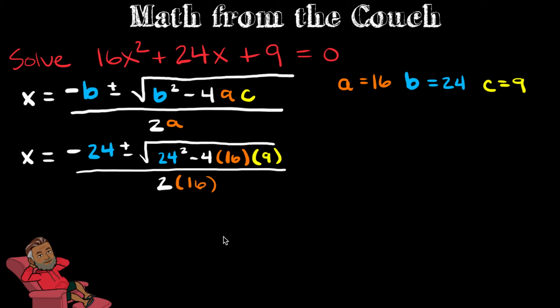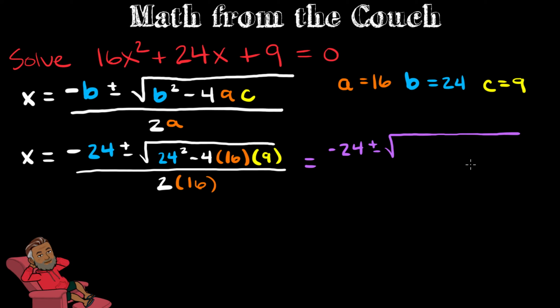Now, what I did differently from what I was doing in the notes is that I actually filled it in piece by piece. Normally I simplify as I go through the problem. So I'm going to show you how I would simplify it normally. Rather than writing down negative 24, I would say the opposite of 24, which happens to be the same thing in this problem. So opposite of 24, plus or minus the square root. Rather than writing b squared, I just square that number.